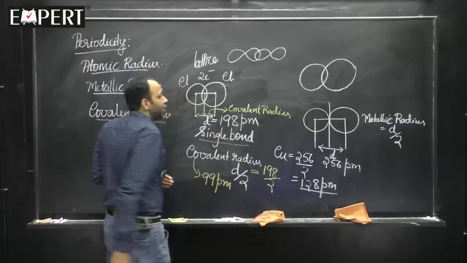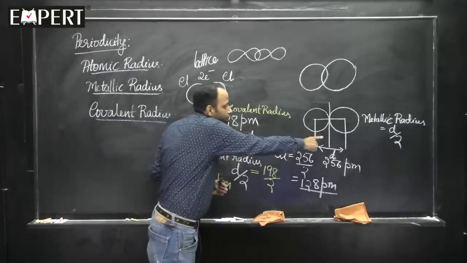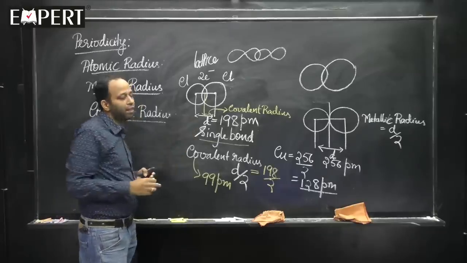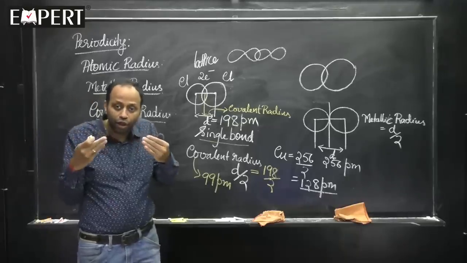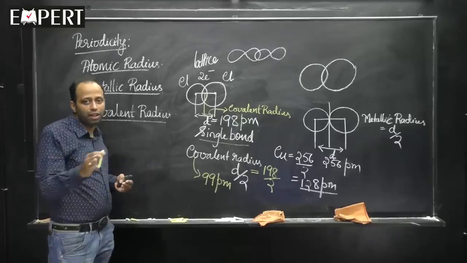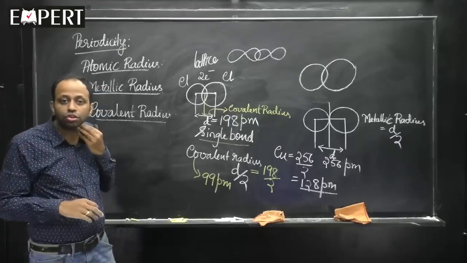So, metallic radius for that diagram, okay, where they are in touch with one another, whereas here the covalent radius, they are not, you do not write it as touching, you write it as overlapping. Okay. So, this is what you can draw there. I will give you a minute to do that, you just draw it.